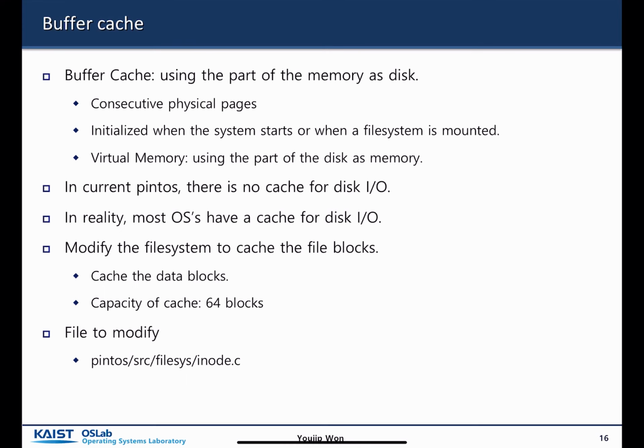The idea of buffer cache is simple. We use the part of memory as the disk. This is an opposite concept of virtual memory and swap space. Let's say this is memory, and this is disk.